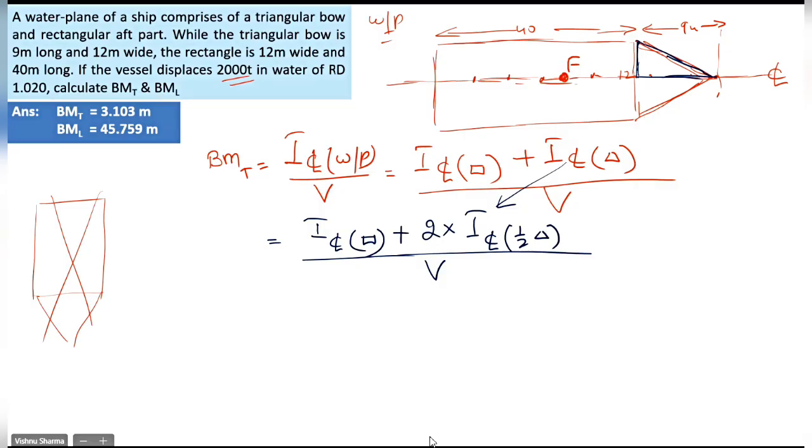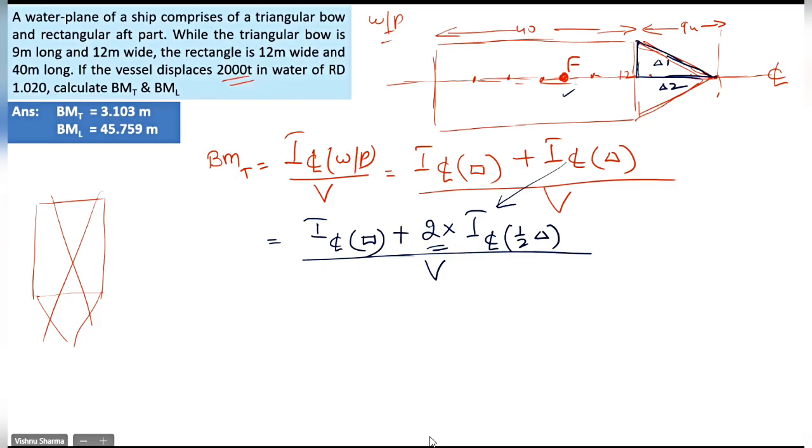If I make it three shapes, one rectangle, triangle 1, triangle 2, it becomes three shapes. So it will be moment of inertia about center line of rectangle plus of triangle 1 plus triangle 2. And triangle 1 and 2 are identical, so I can just double it up, rather than writing three shapes separately.